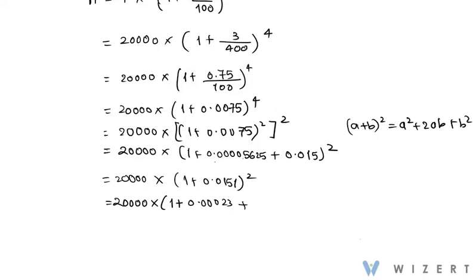So 2ab is 2 into 1 is 2. 2 into this number is 2 ones are 2, 2 fives are 10, 2 ones are 2 plus 1 is 3. 0 point this. So that will be added into 0.0302, which is equal to 1 plus 0.03043.